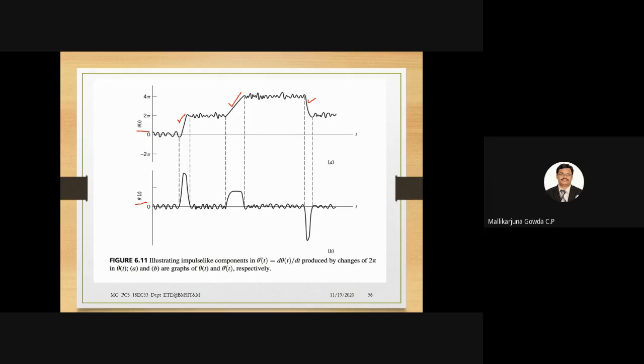This point increases by 2 pi radians, then stays constant, then increases again, from 2 pi to 4 pi. Then another point decreases by 2 pi radians. So we have considered three cases: two increasing by 2 pi and one decreasing by 2 pi. Whenever theta of t increases, its derivative gives an impulse. So the first gives one impulse, the next another impulse, and for the decrease I get a negative impulse.